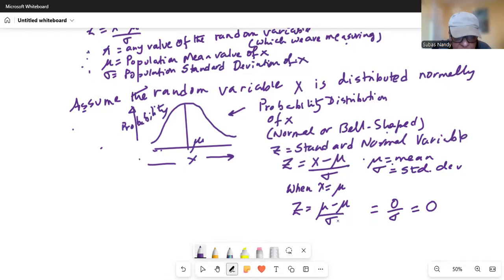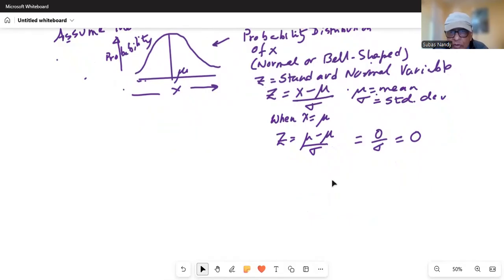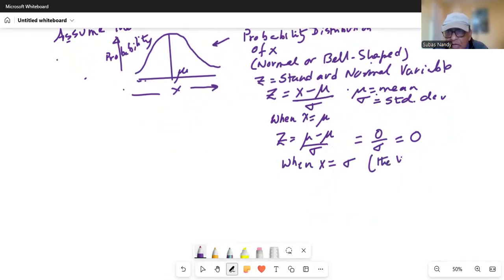Okay, so let's move this a little bit up. What happens when x is equal to sigma? The value x is one standard deviation above the mean, because it is positive.